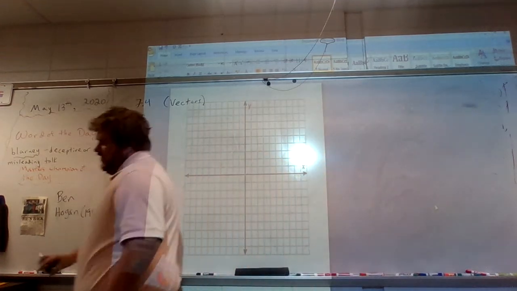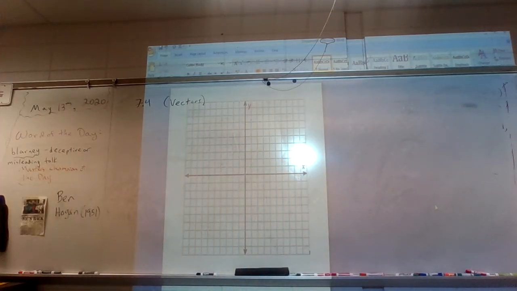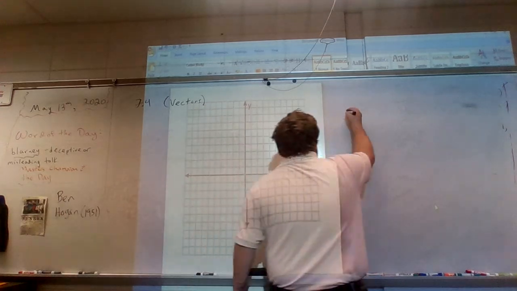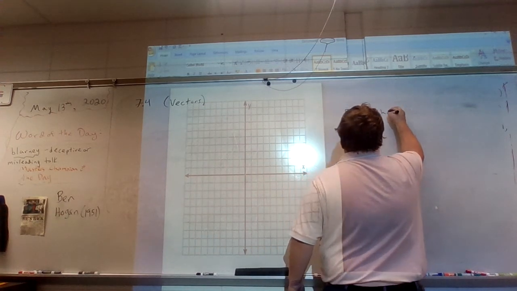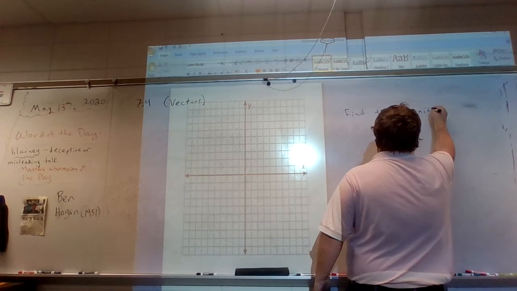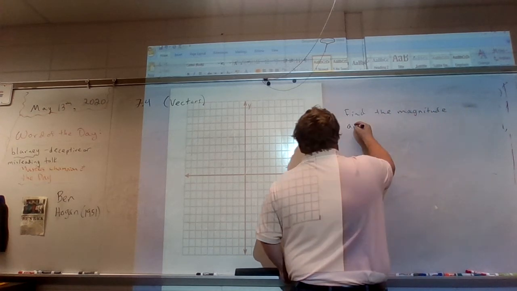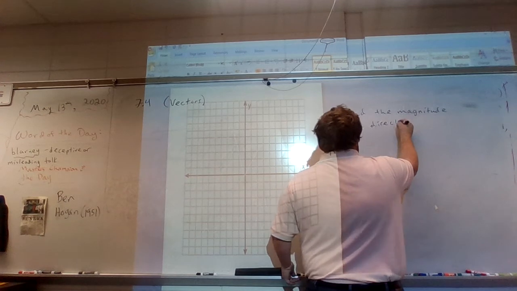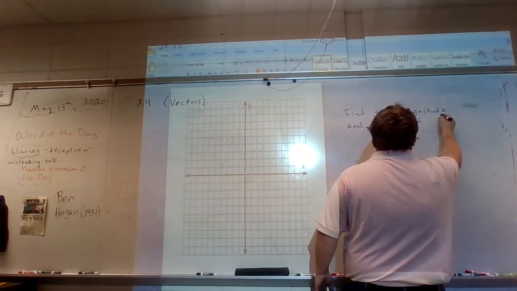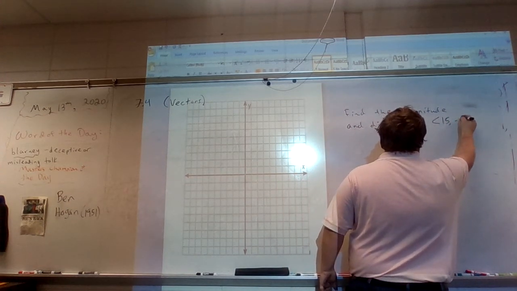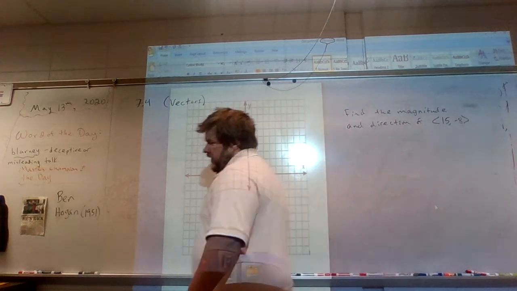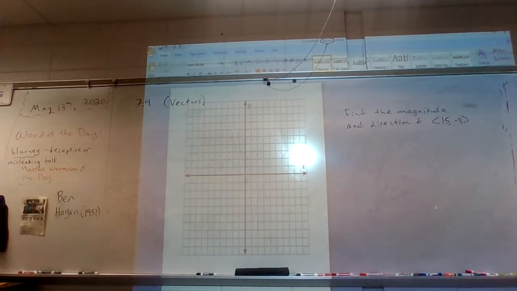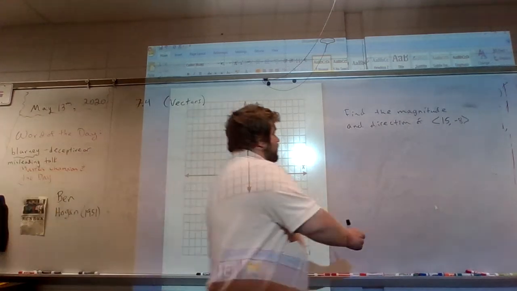So this one just says, and you can draw a picture, you don't have to, it's not absolutely necessary to do that, but this one just says, find the magnitude and direction of, say, 15, -8. And they don't use a letter for it, but we could if we wanted to. Let's call it U.